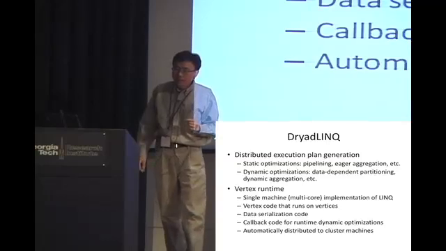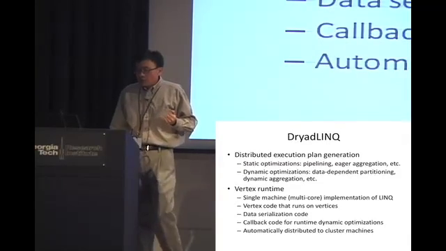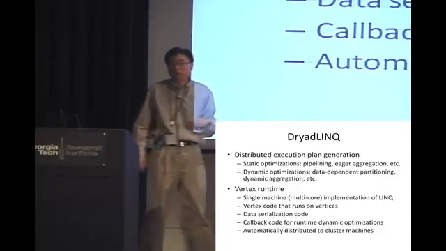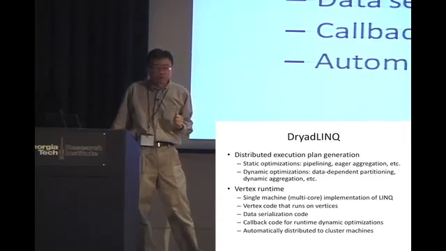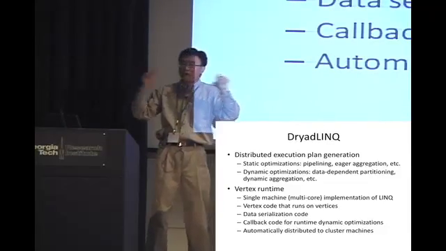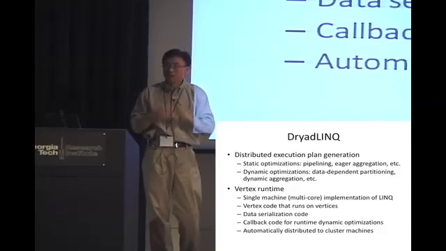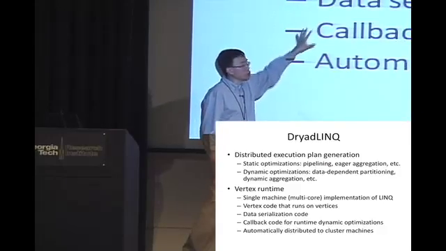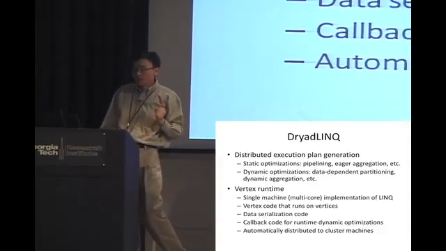It also provides a vertex runtime, essentially a single-machine implementation of LINQ, which is part of DryadLINQ. It breaks the query into pieces and generates the code running on the vertices. We also do code generation to produce much more efficient data serialization code.